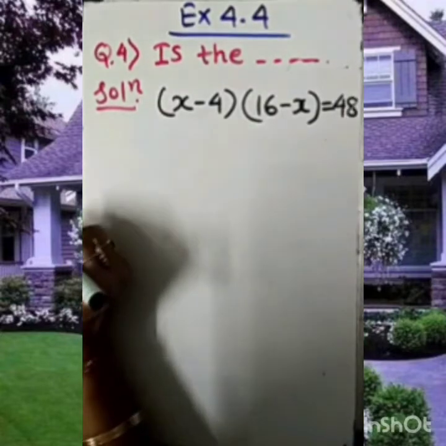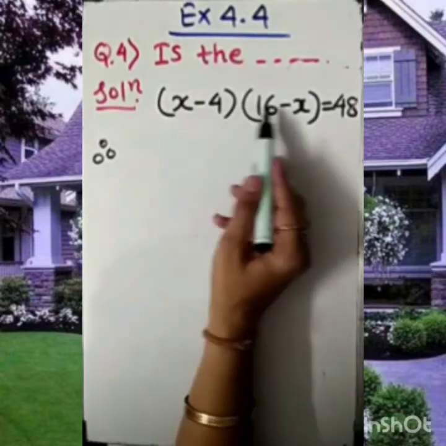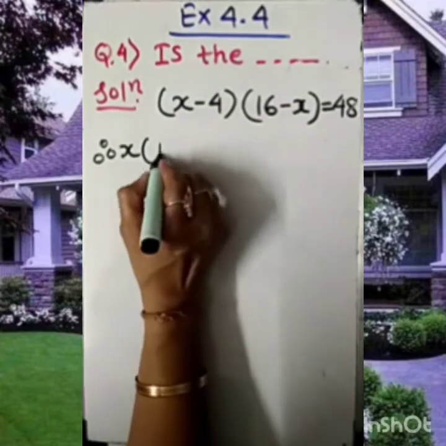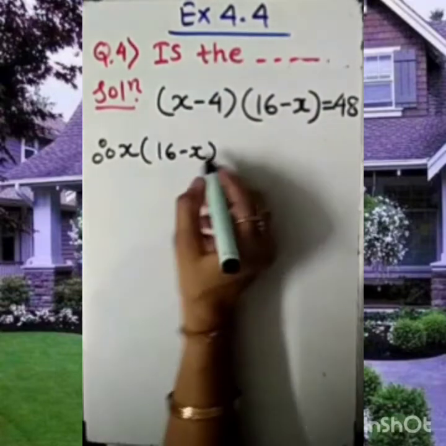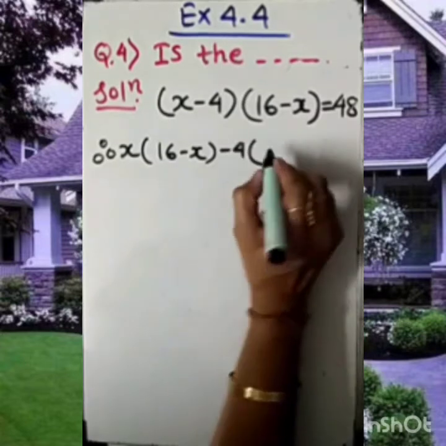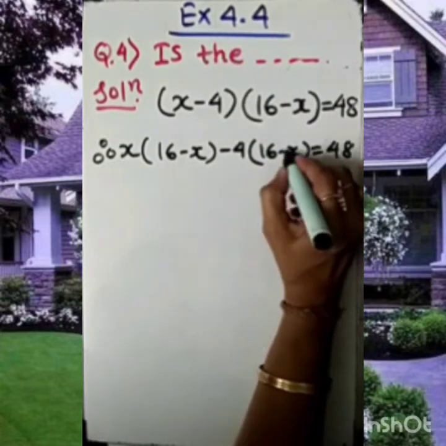So let's simplify. Here I am writing the therefore sign. How to multiply two brackets? You know very well. Let me multiply first x with this bracket, and then minus 4 with the bracket: (x minus 4)(16 minus x) equal to 48.